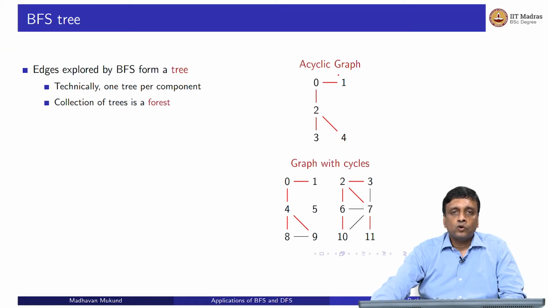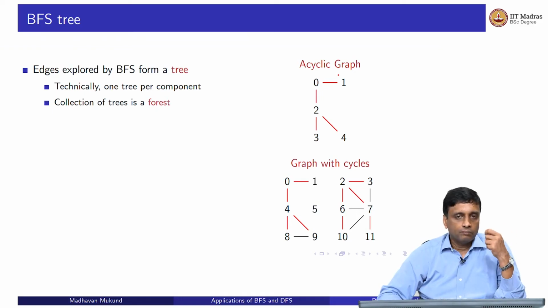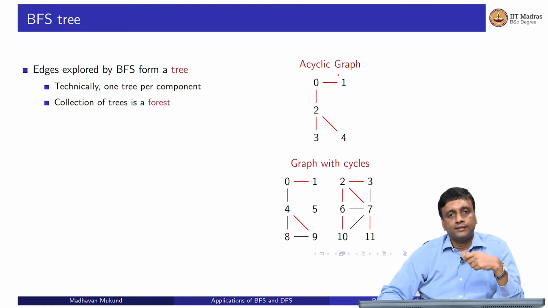So, the way to explore this using BFS is to observe that if I start with BFS and I record the edges that I use for BFS. Remember, when I use BFS, when I find an unvisited neighbor, I add it to the queue and I record this parent thing. So, in some sense I am recording this edge from j to k was used in BFS. So, these used edges actually will form a tree, because I will never come back to a node which I have already seen, right.